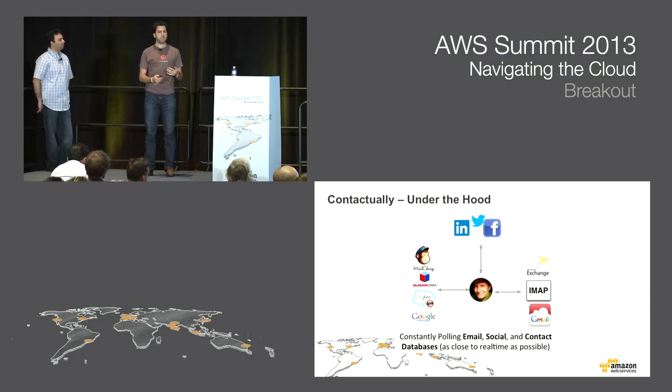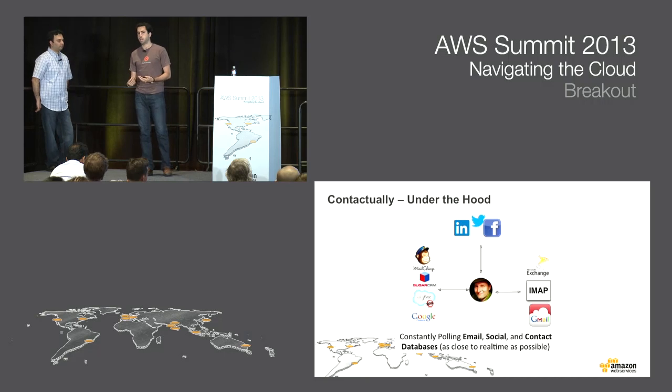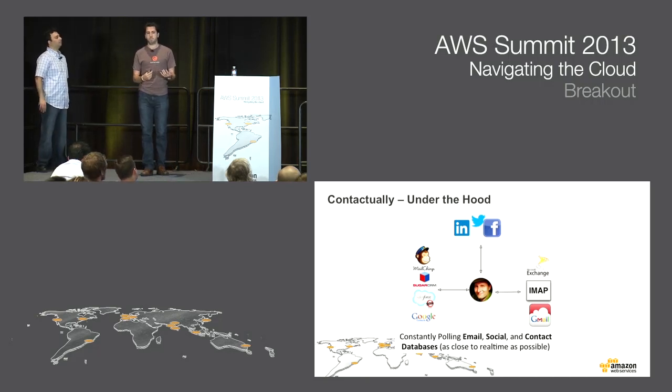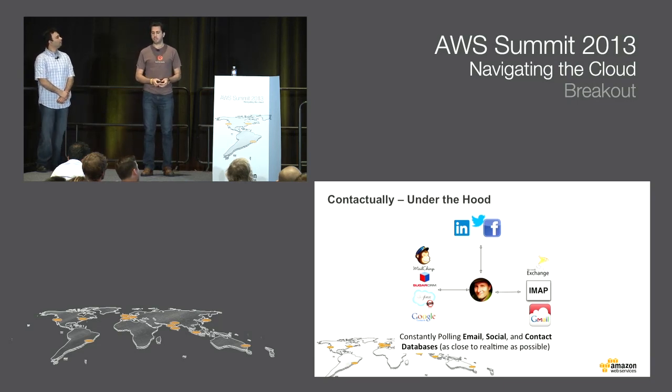None of these systems really provide webhooks or feeds to subscribe to in order to get this change data. So what we wound up doing was polling each service every few minutes to try to get the most up-to-date data. Now, when we only had a handful of users, this really wasn't that big of a deal.